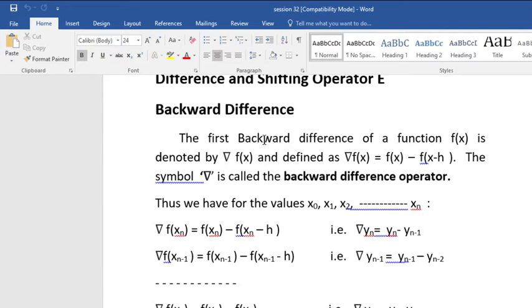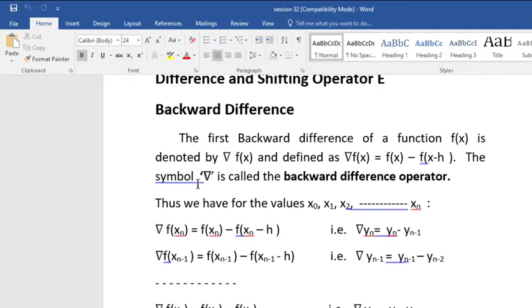The first backward difference of a function f of x is denoted like this, and it is defined as the backward difference of f of x is equal to f of x minus f of x minus h.